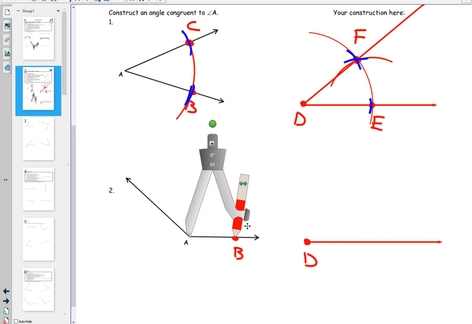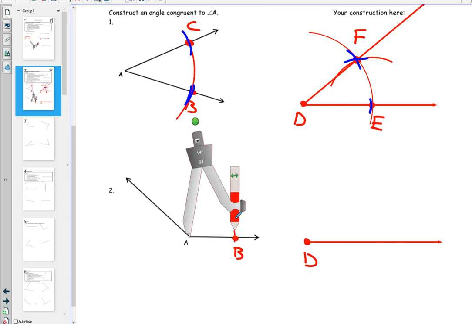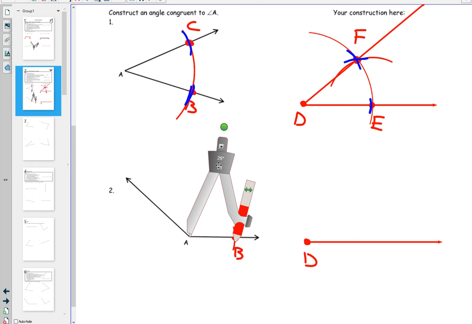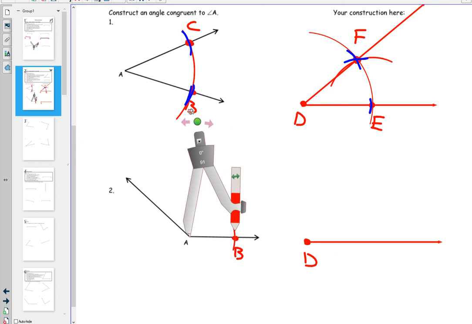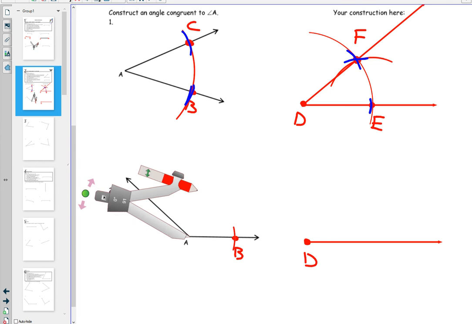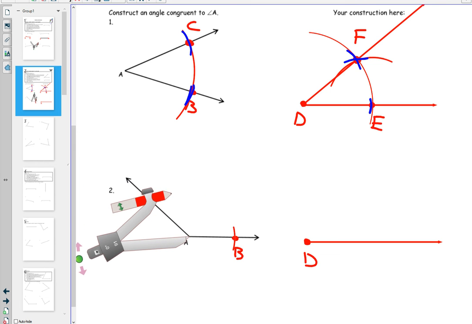It looks like I have a pretty good measurement here. So I will now do a little arc here, and then I'll bring it over. This is the way it looks on tests.